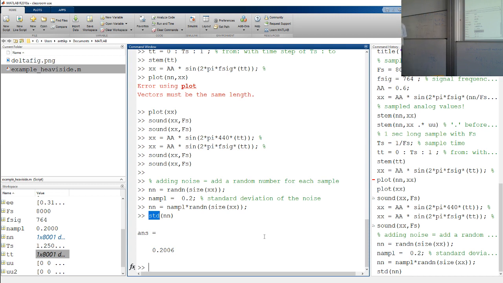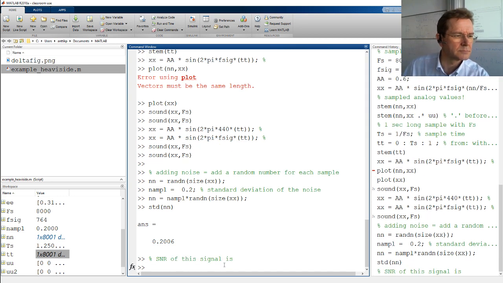All right. So now I can actually calculate the variance of the signal, the variance of the noise, base 10 log and times 10. So the signal to noise ratio of this one. Our signal is x and noise is n.